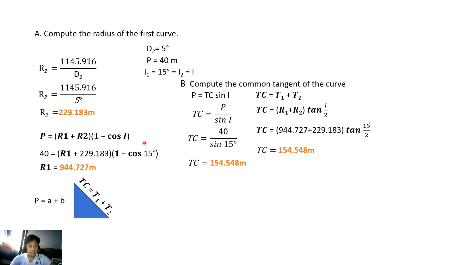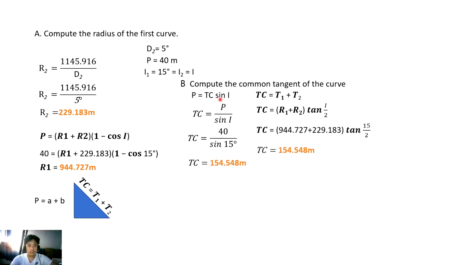So, para naman sa B, ganun pa rin. Para makuha natin yung TC natin, meron tayong formula na T1 plus T2. And para naman sa P, A plus B. Okay. So, para makompute natin yung common tangent of the curve, first, titignan muna natin itong formula na to.